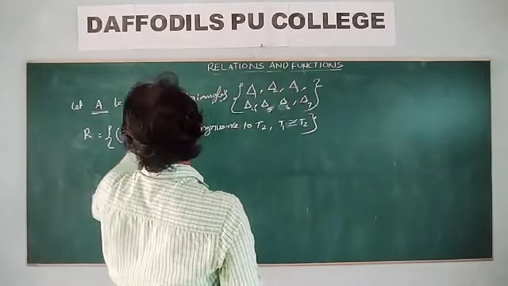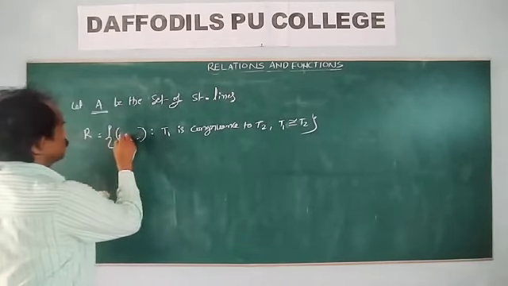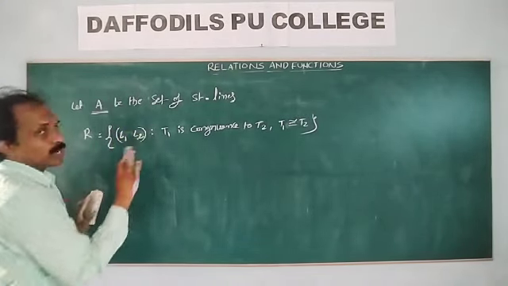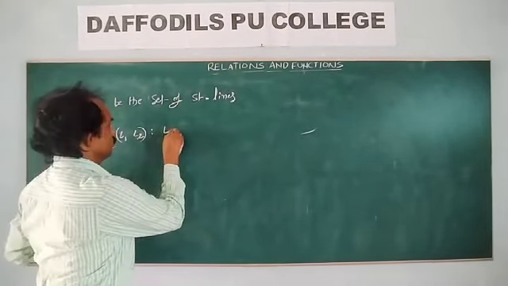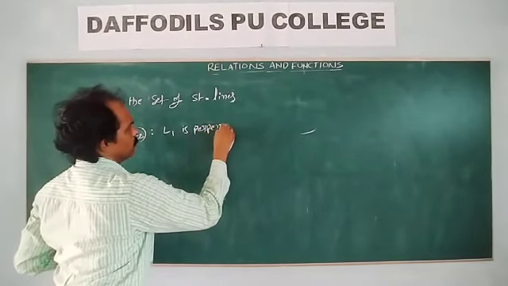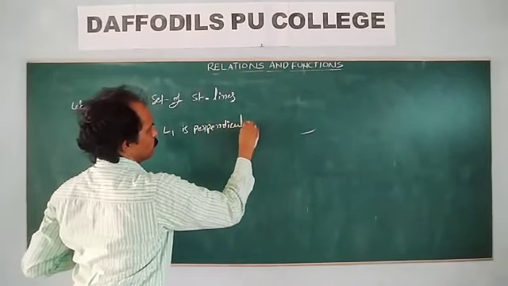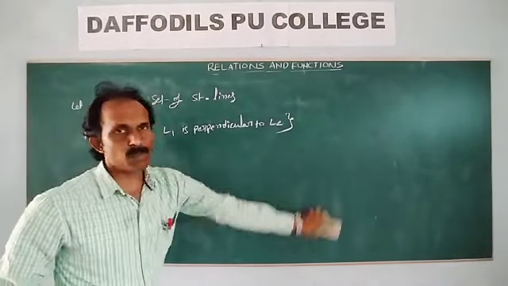Take the set of straight lines. The relation is (L1, L2) such that L1 is perpendicular to L2.